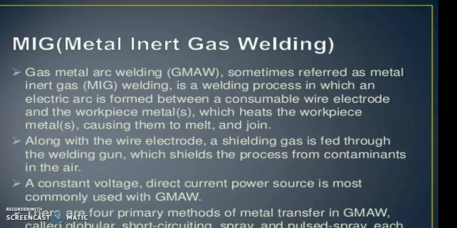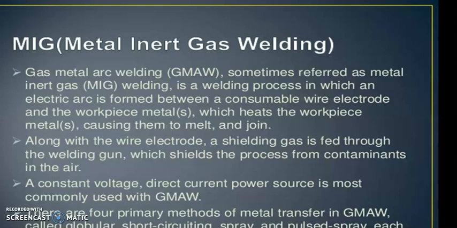If you go to the working principle of MIG welding, you can find the working is also the same as TIG, as we are using an inert gas supply. Here also we are using an inert gas supply, but the difference is that in TIG welding the electrode is a non-consumable type metal electrode.